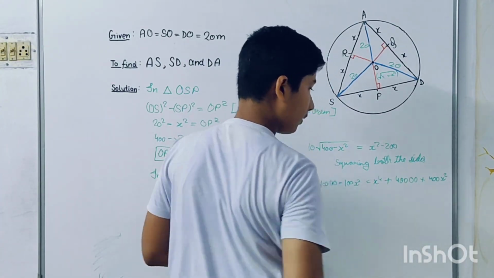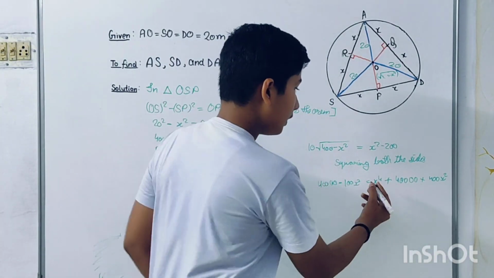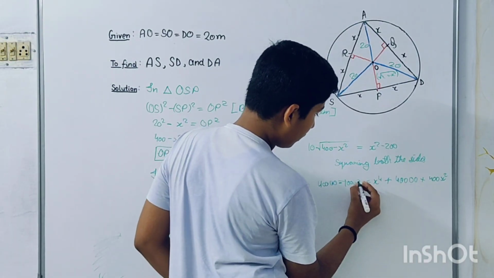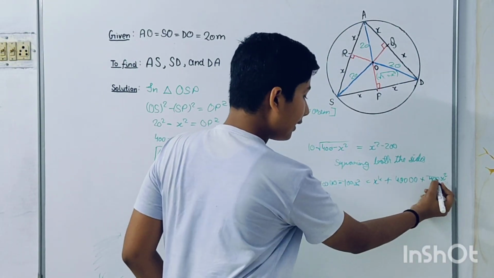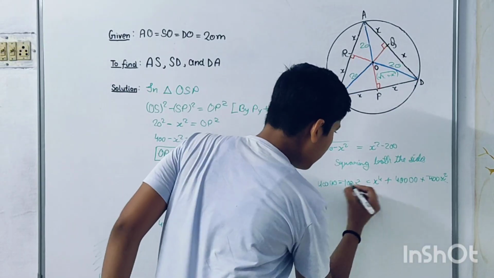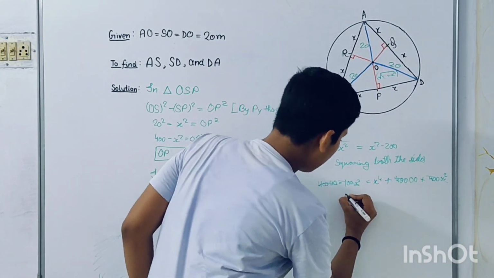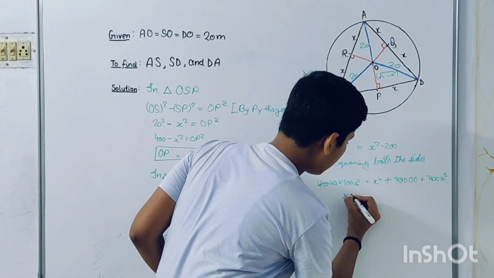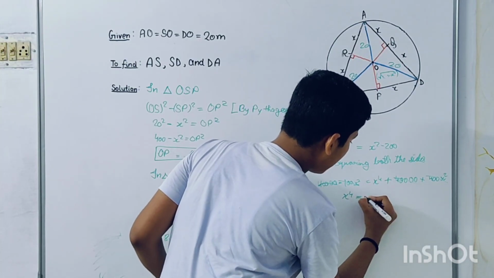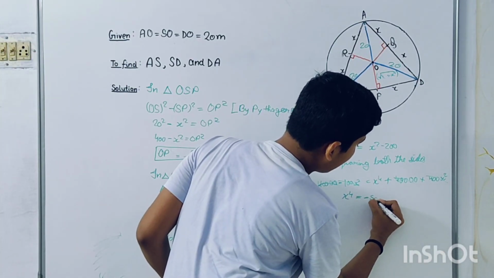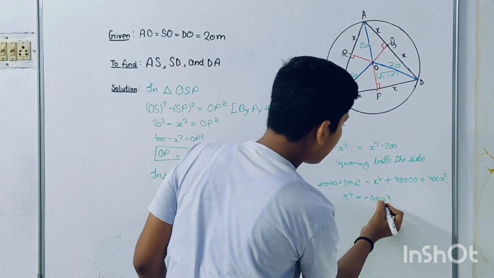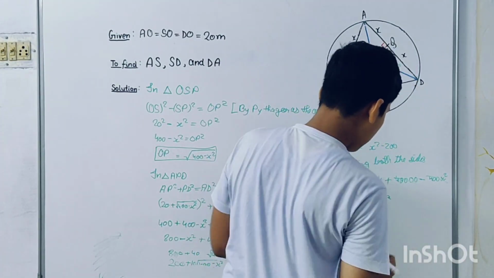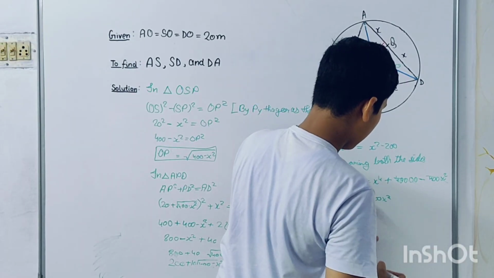On this, the 100x square and this 400x square, so this would be cancelled out and it would be 500x square. So x to the power 4 equal to minus 500 x square. This was minus 200, so this would be minus 300 x square.